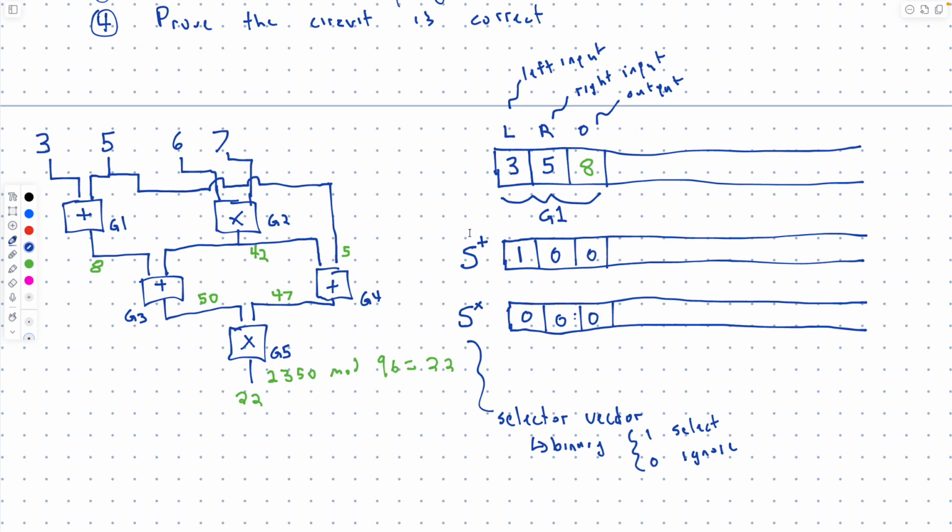Okay, now we're going to keep going. So let's do gate 2. All right, so gate 2, I have an input 6. I have input 7. And I have output 42.